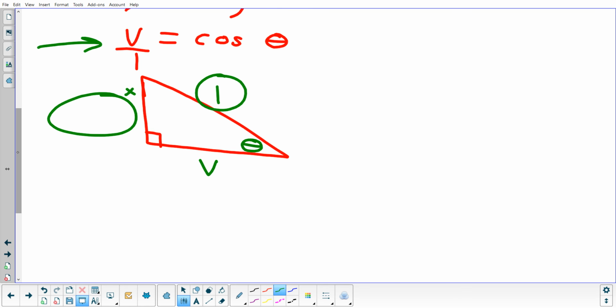Matt, can you set up my Pythagorean Theorem for me using x, v, and 1? 1 squared plus v squared equals... or equals v squared. And then I guess our missing variable squared, so x. Like that? I think that's right.